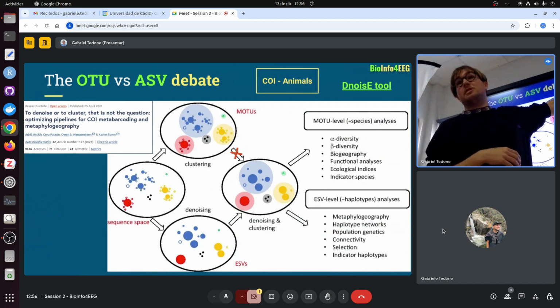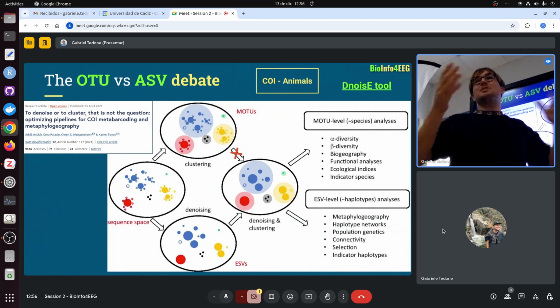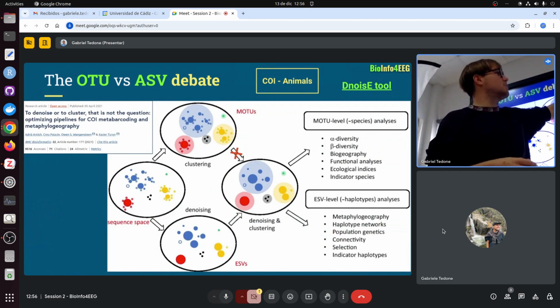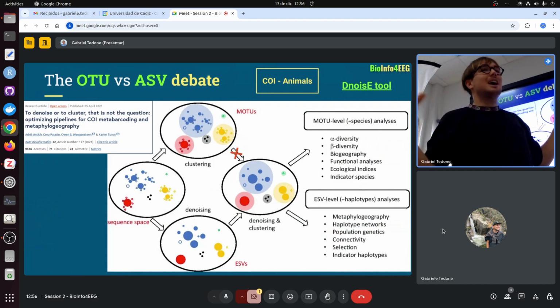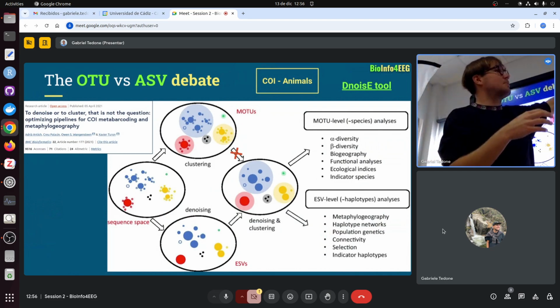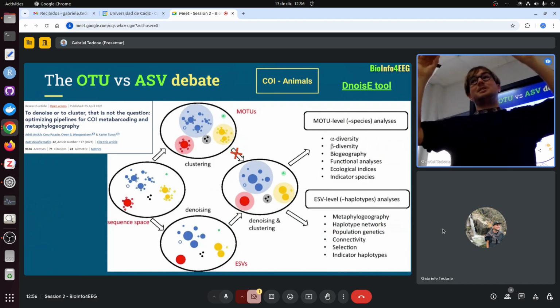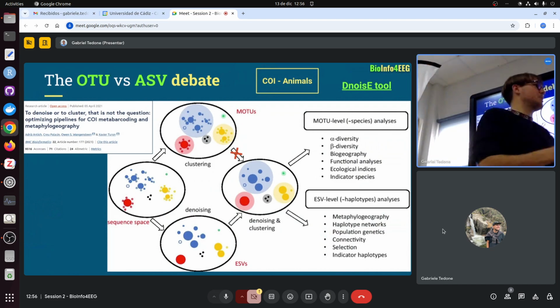This is easier because it was for fish. So they already know the percentage of identity in this barcode for different species. So they knew at what percentage to cluster to approach the idea of a species in the fish realm. Okay?